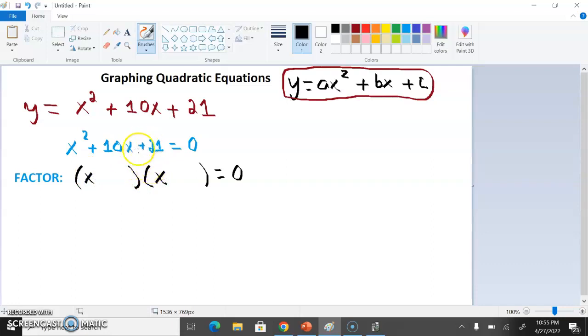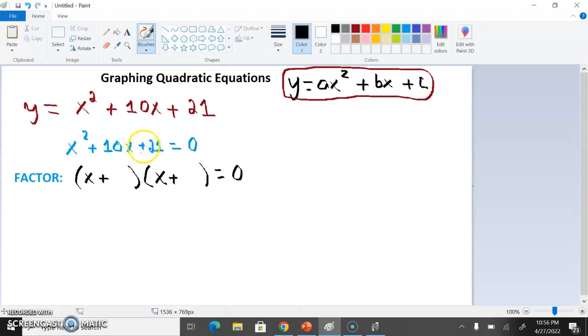If the third term is a positive and the middle term is a positive, they're both going to be positive. Why? Because a positive times a positive is a positive. If the middle is a negative, then they're both going to be negative. We're going to talk more about what happens if the 21 is a negative in another lesson.